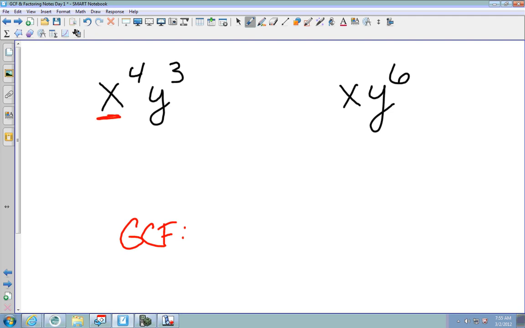So I know that one of my greatest common factors is going to be an x. What's the smallest exponent? A 1. There's a 1 right here. So this is x to the 1st power, so I'm just going to leave it as x. Is there a y in both of them? Yes. What's the smallest exponent? A 3. So that's your greatest common factor.